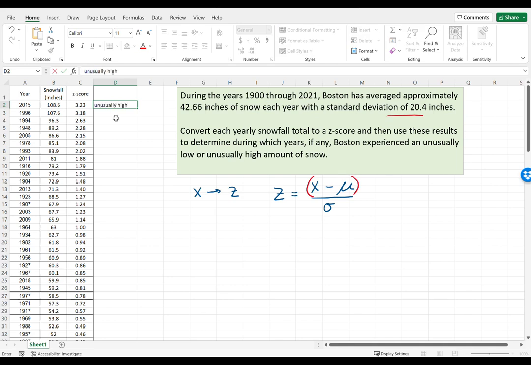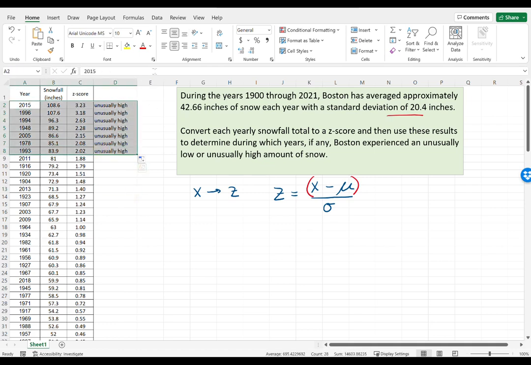These 7 years, let's highlight them so we could easily identify them. These 7 years had an unusually high amount of total snowfall.